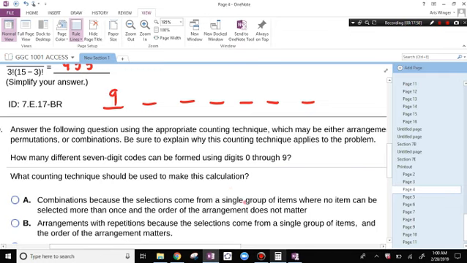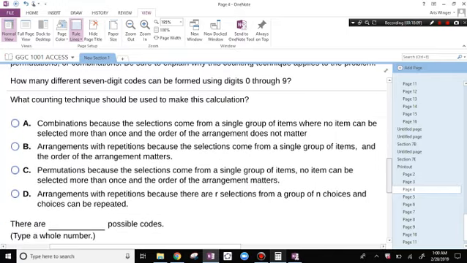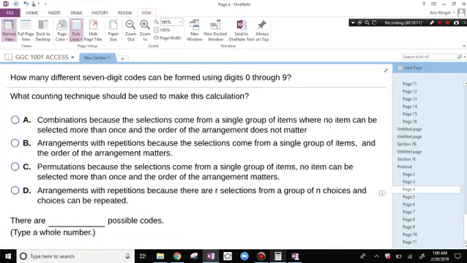So this is definitely arrangements with repetitions. I can have repetitions with no problem, and so this is arrangements with repetition because there are selections from a group of n choices, right? So in this case, there are 10 choices, and there's 7-digit codes, and 7 selections.